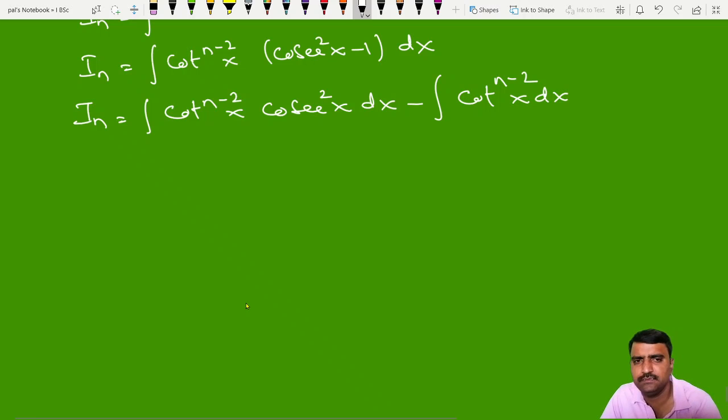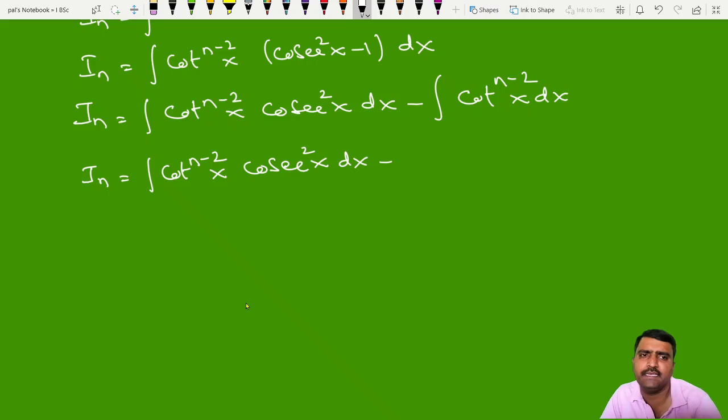Take this second term of the right hand side as in minus 2. So that is in is equal to integration of cot to the power n minus 2x into cosecant square x dx minus in minus 2.